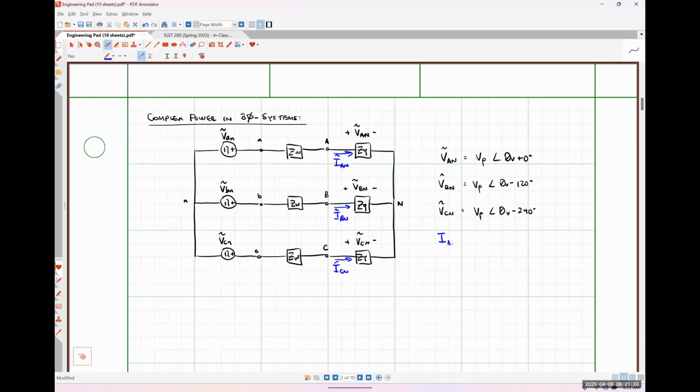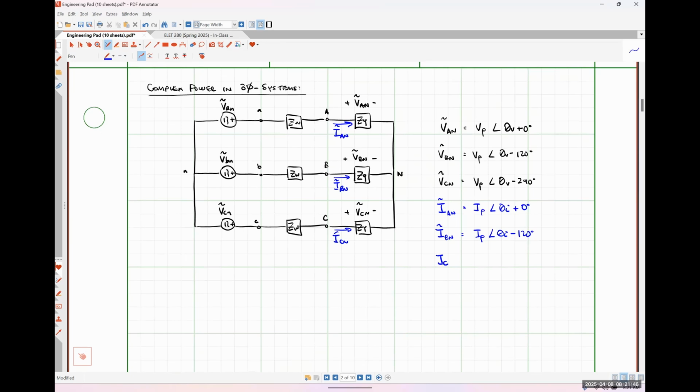Similarly, we could say that IAN is going to be IP with an angle of theta I plus 0 degrees. IBN is going to be IP with an angle of theta I minus 120 degrees. And lastly, ICN is going to be IP with an angle of theta I minus 240 degrees.